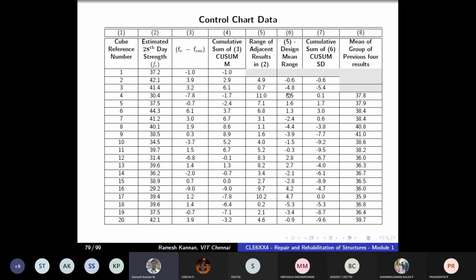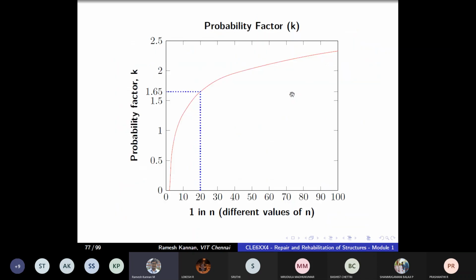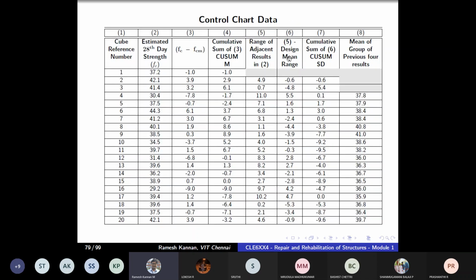So this is an absolute value, and this can vary. The fifth can vary. 5.5 can be subtracted from this, and depending upon that it gets varied, right?